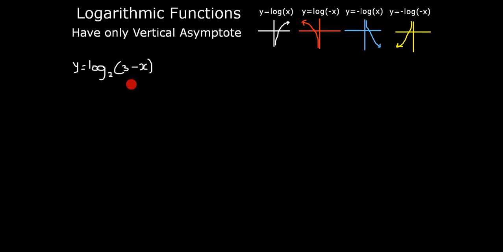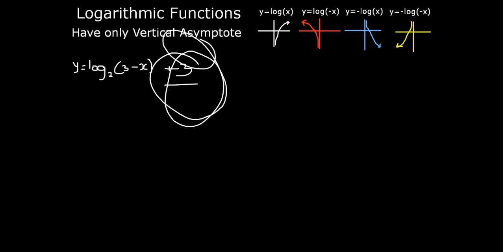Here we also don't have a vertical asymptote. To have a vertical asymptote, you need to have plus something or minus something here. Keep in mind that we will have an example later with a vertical asymptote, but for now we don't have.